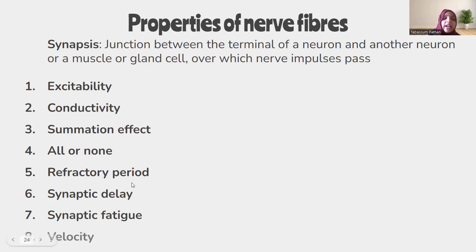And finally is the velocity, that is the speed at which the impulse is transmitted. So these are the properties of the nerve fibers: excitability, conductivity, stimulus and summation effect, all or none effect, refractive period, synaptic delay, fatigue, and finally the velocity.